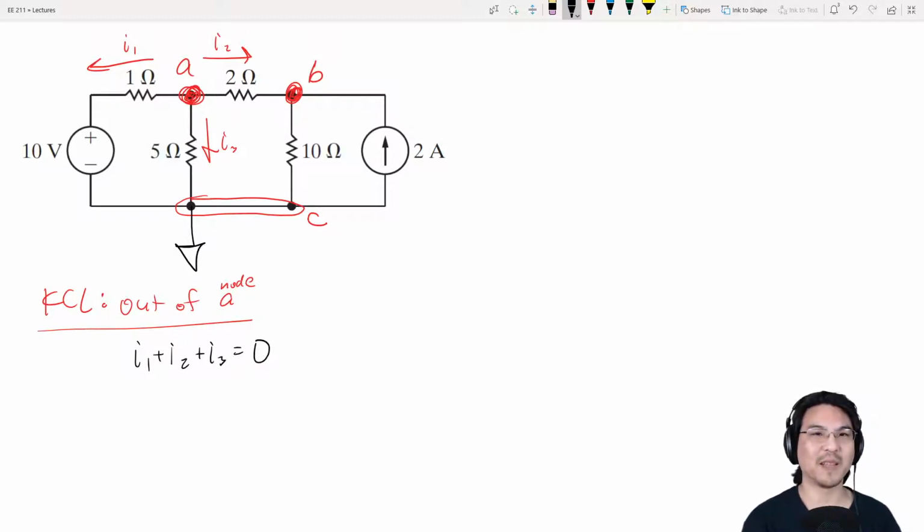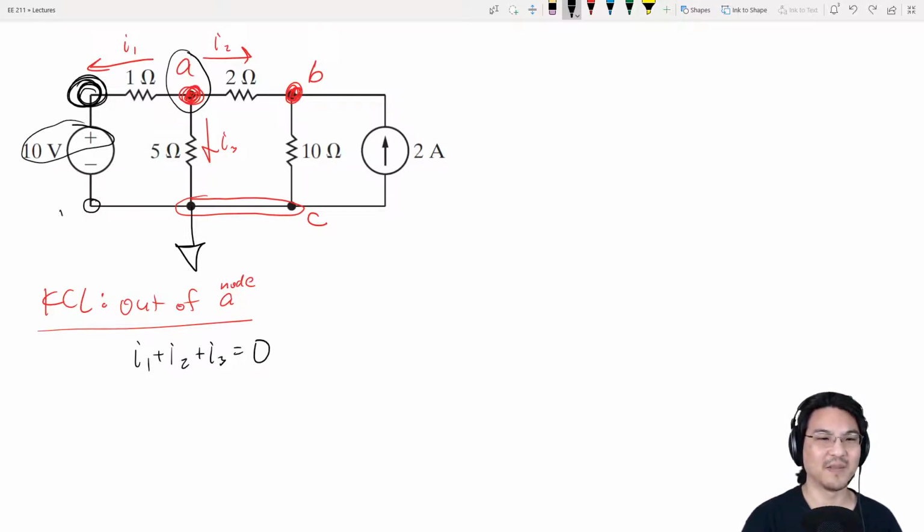So now let's combine that with Ohm's law. What is I1? V over R, VA minus the voltage over here, divided by 1 ohm. What's the voltage over here? It is 10 volts more than it is here. And here is VC, the voltage at node C, which I called my reference, which means it's 0.